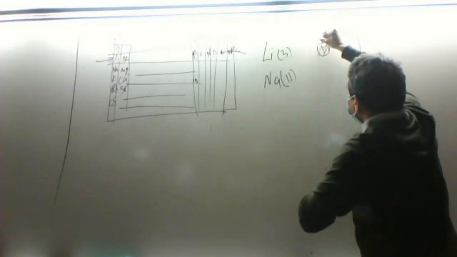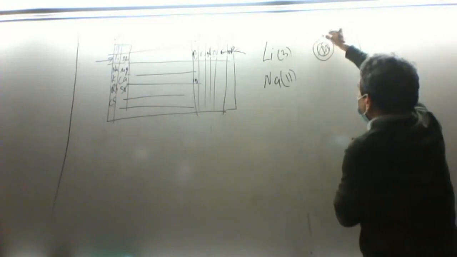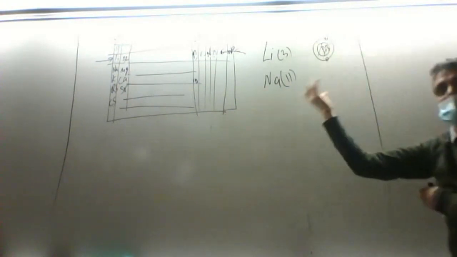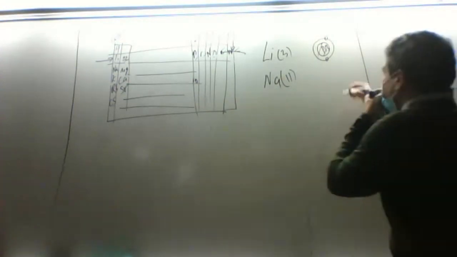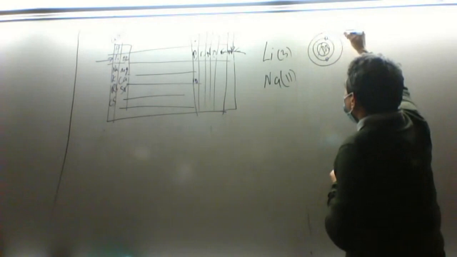Now I draw the first orbit here. In the first orbit we cannot put more than 2 electrons, the maximum number of electrons according to 2n squared, right? n equals 1, so 2 multiplied by 1 is 2. Now I have a third electron, so I put one more electron here.